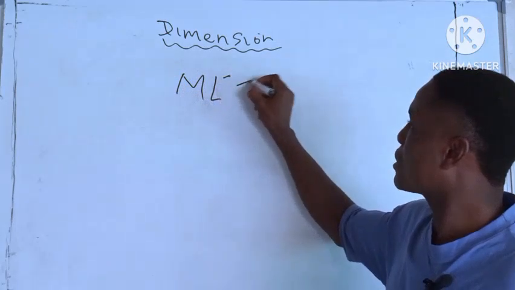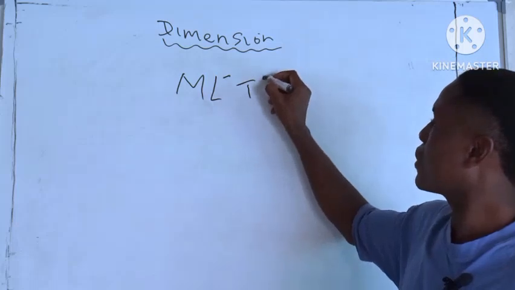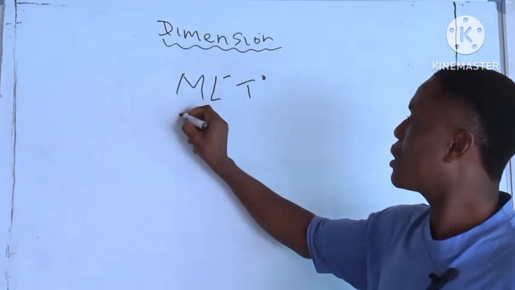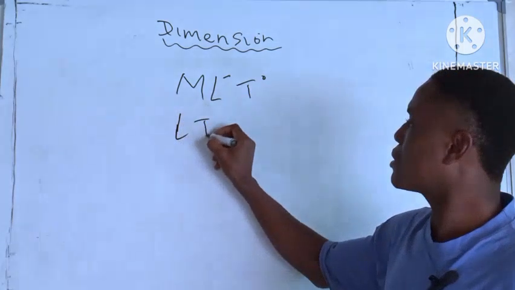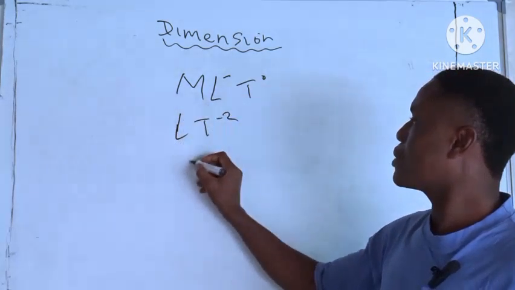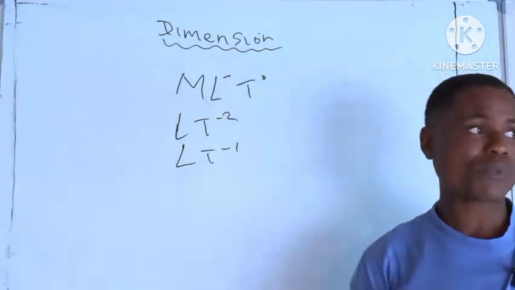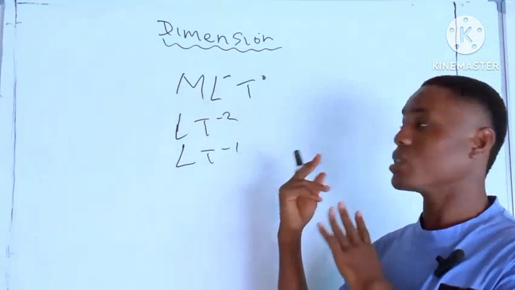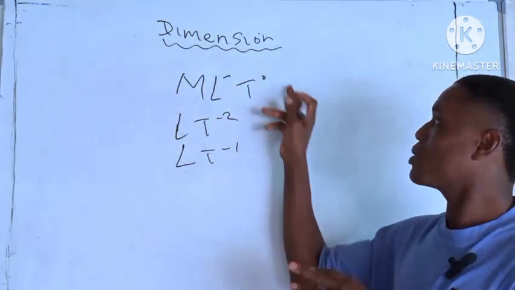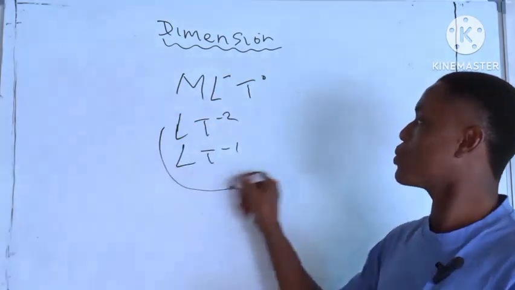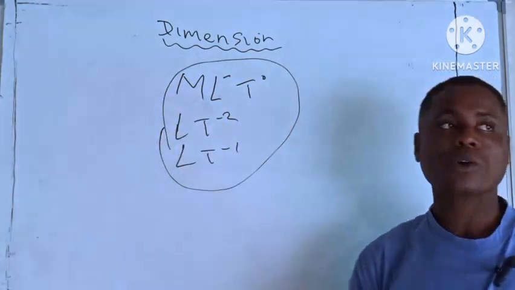Like MLT to the 0, or LT raised to minus 2, or LT raised to minus 1, right? I believe you might have come across this type of thing. Now, all these are called dimensions. Are you getting it? All these are called dimensions.